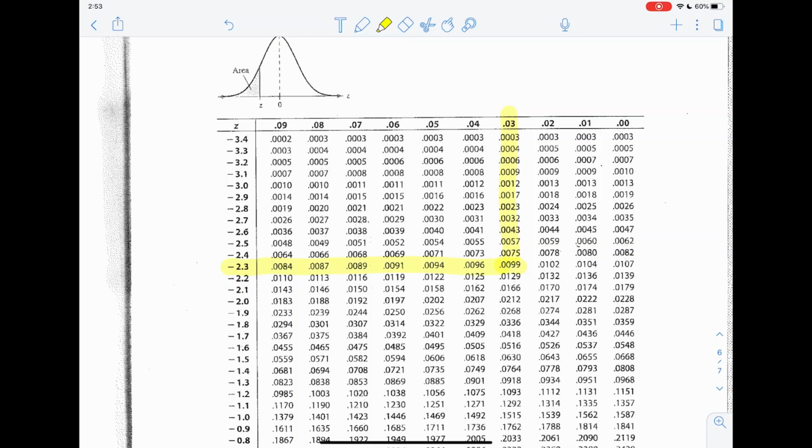That tells me that my z-score is a negative z-score, and it corresponds to negative 2.33, because that is the closest I'm going to get to 0.01.